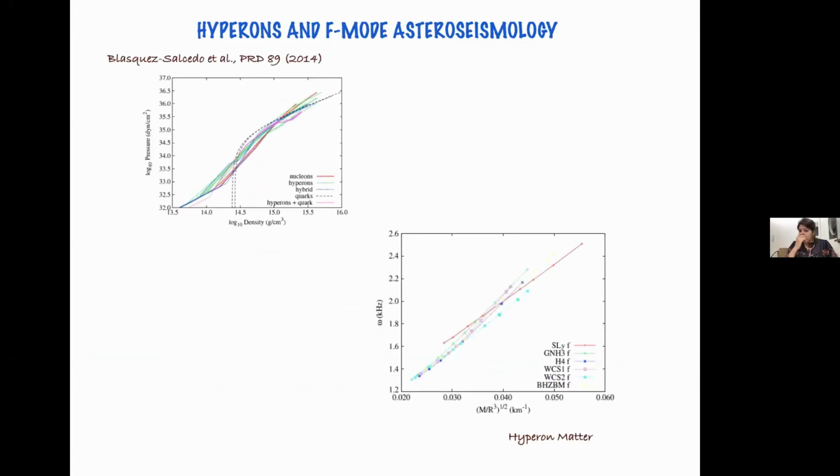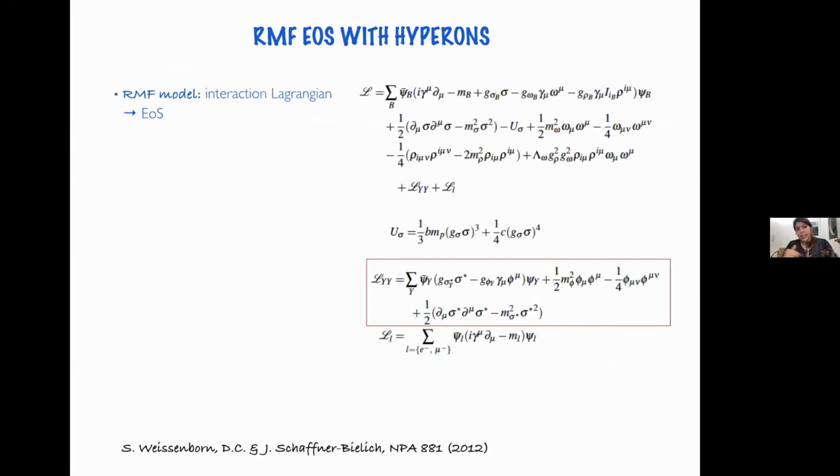In the literature, there are not many calculations about f modes with hyperons, but in this paper from Blazquez-Salcedo, they considered our equation of state, Weissenborn, Chatterjee, Schaffner, and showed that this fit relation, the astroseismology fit relation, would be affected by the presence of hyperons. So the scheme is well known.